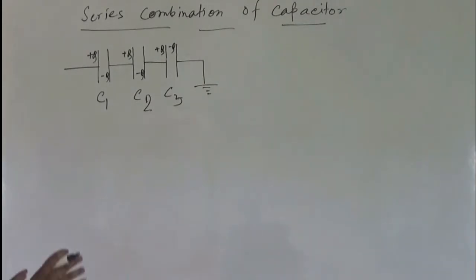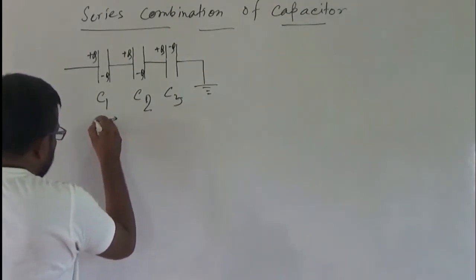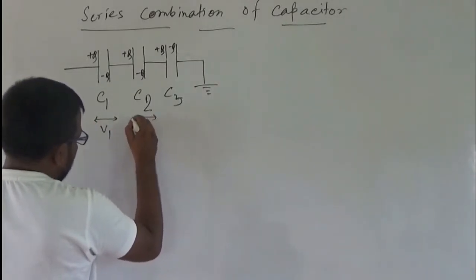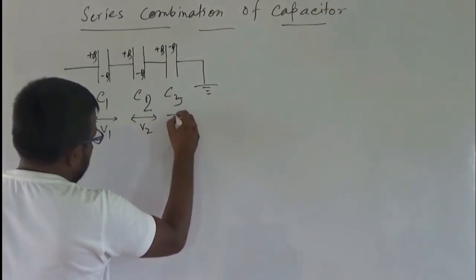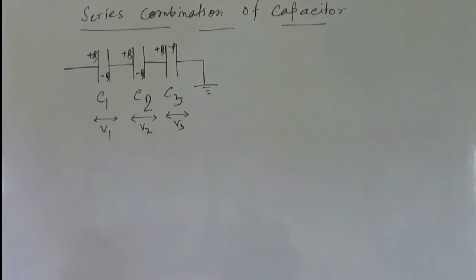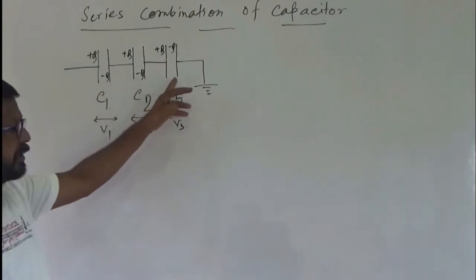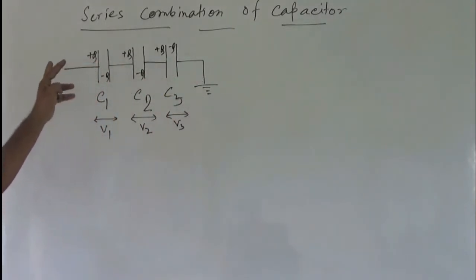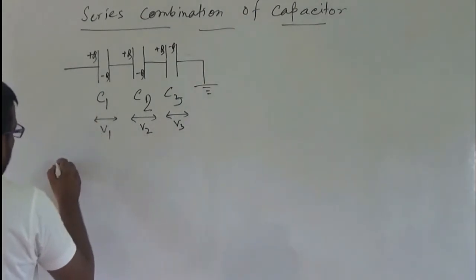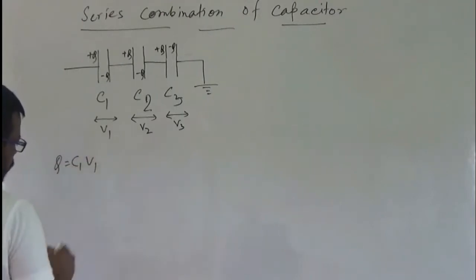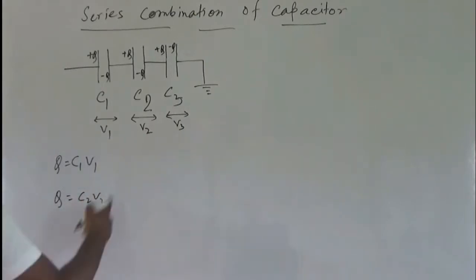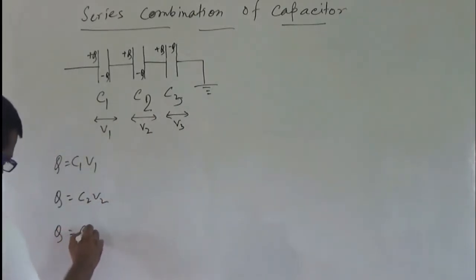Now let us say the potential difference across capacitor C1 is V1, across capacitor C2 is V2, across capacitor C3 is V3. See here, each capacitor possesses the same charge Q, right, with different potential. Now we can say Q equals C1 V1, and for the second capacitor Q equals C2 V2, and for the third capacitor Q equals C3 V3.